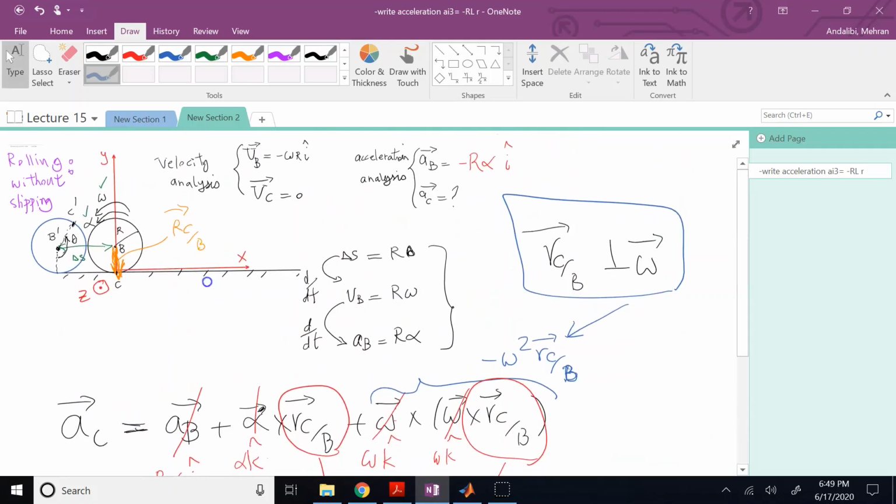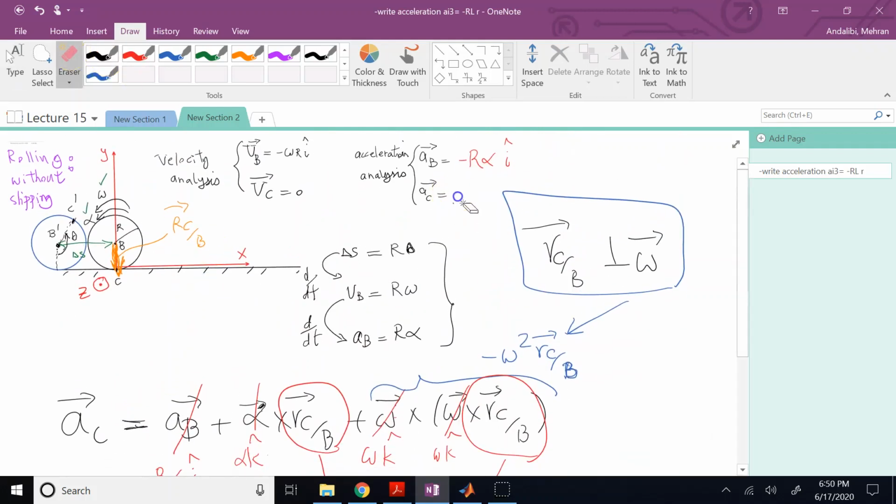So the acceleration of the contact point is r omega squared times j. It is not equal to 0. It is equal to the centripetal term, r omega squared, and it is positive in the j direction. It is toward the center.